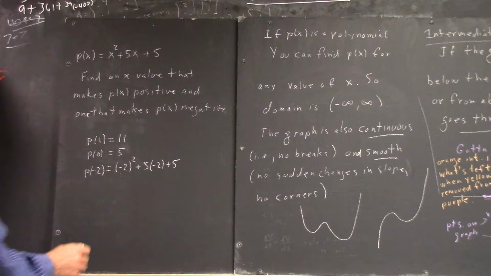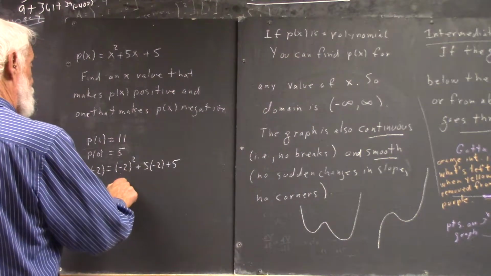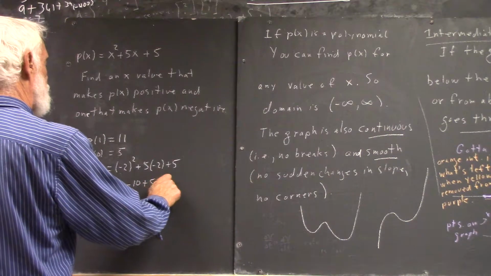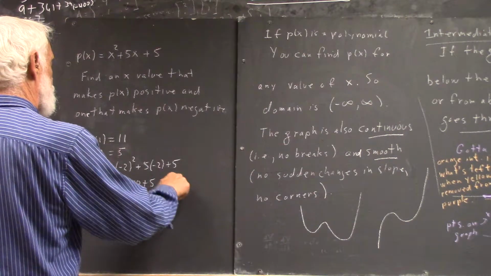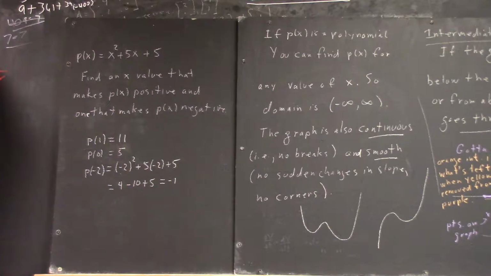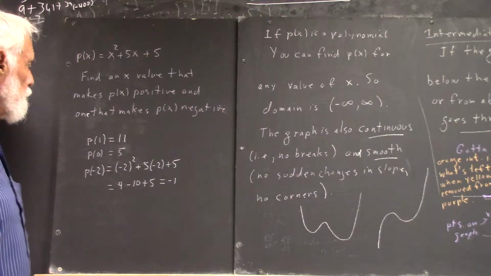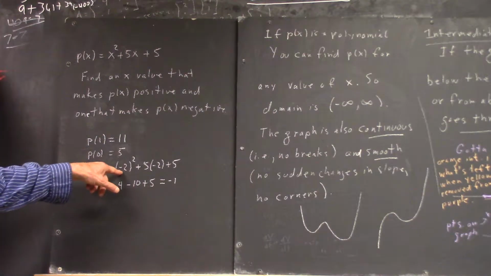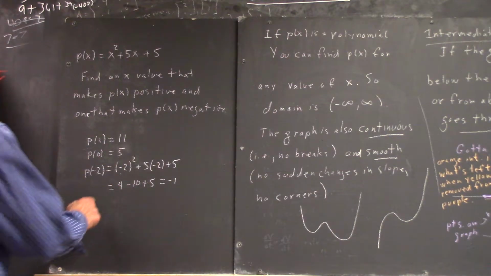Anyhow, it equals this, right? So that's 4 minus 10 plus 5, which equals -1, right? Okay? And as far as that goes, P of -1, some people said that P of -1 was negative, but that's probably the error that I'm talking about, okay?